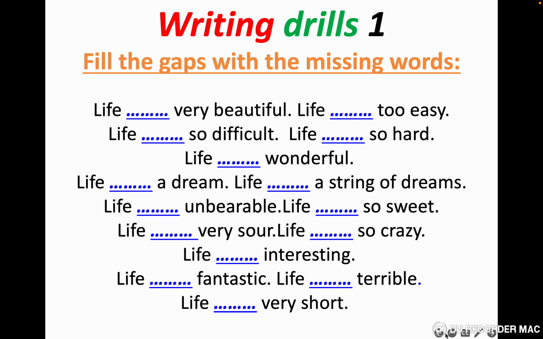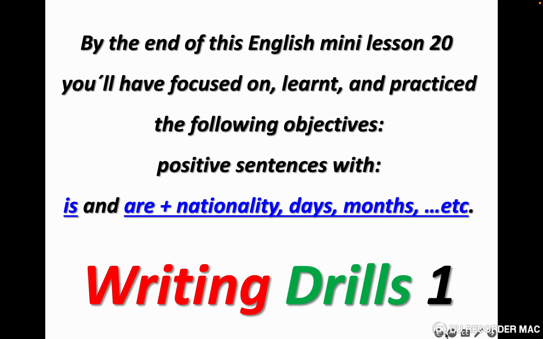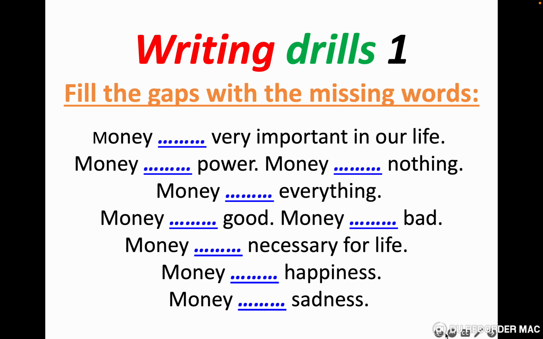Let's go to the second slide. The same thing you are going to do with the second slide. Money is very important in our life. Money is power. Money is nothing. Money is everything.